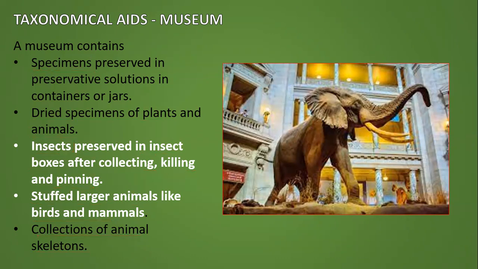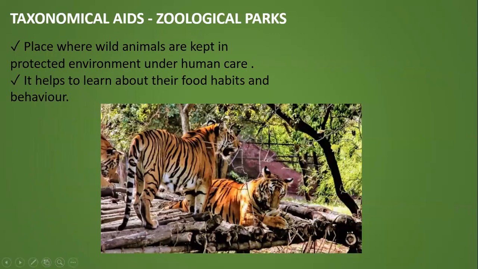Okay, everyone. Next, we'll be moving on to the zoological part. Okay, guys. So now we are moving towards the end of the chapter, that is the zoological park. It is a place where wild animals are kept in a protected environment and under human care. It helps to learn about their food habits and their behavior.